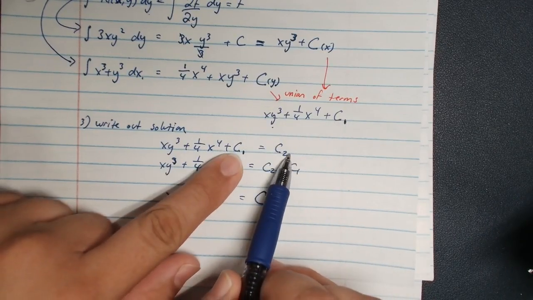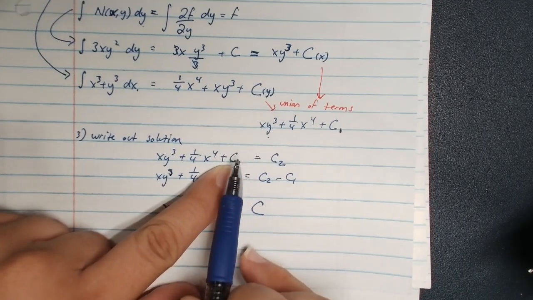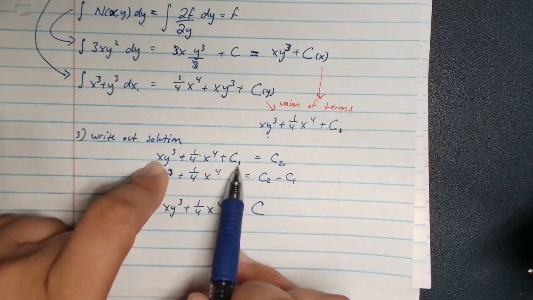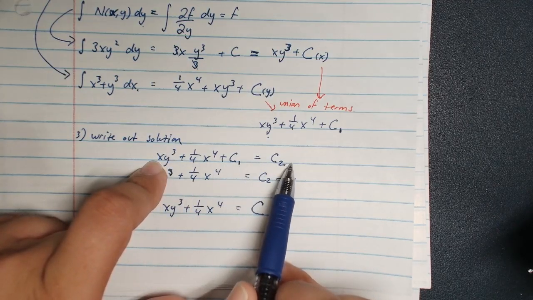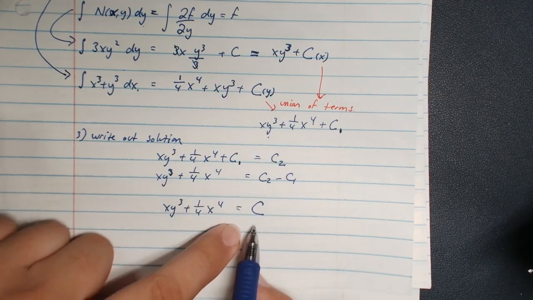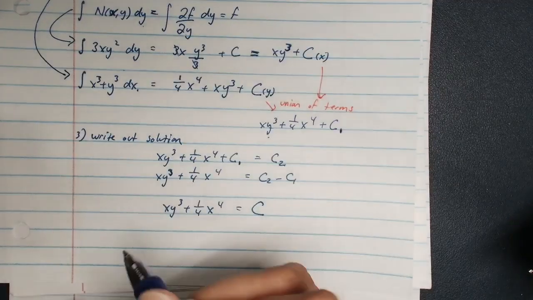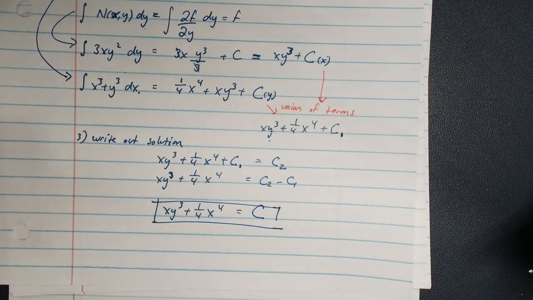Here are these two constants. This comes from finding the function f of xy. That constant is part of that function. Saying that function equal to a constant is a solution. That gives you this other constant. And then those get joined together and condensed. In any event, this is your result.